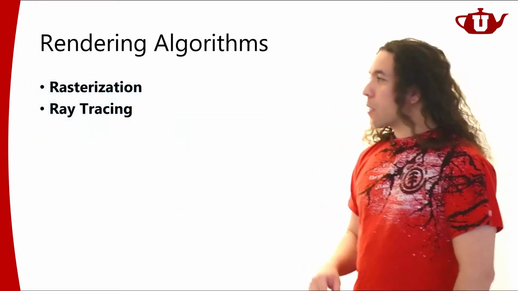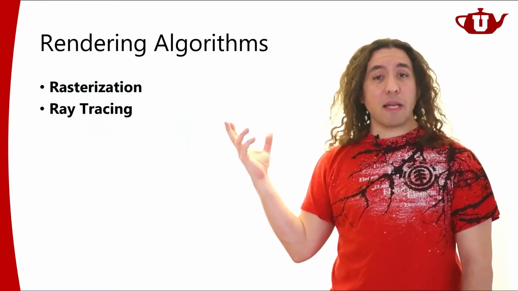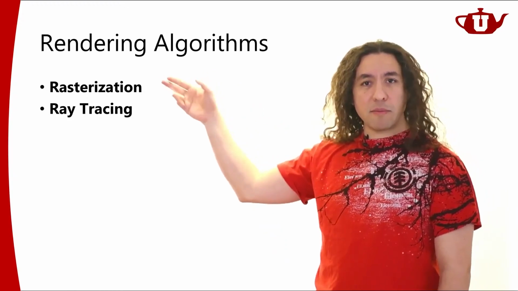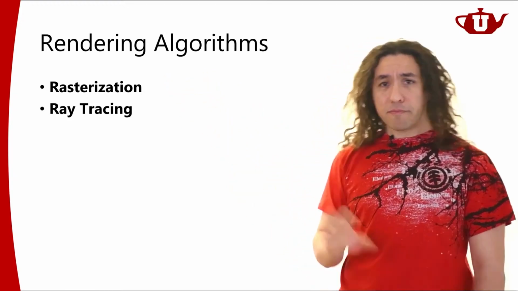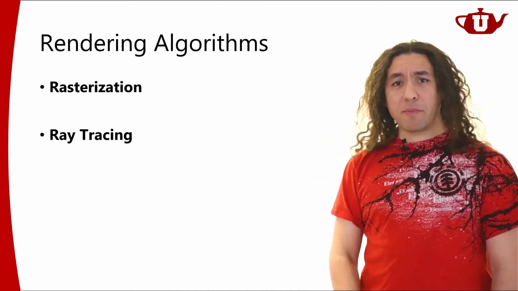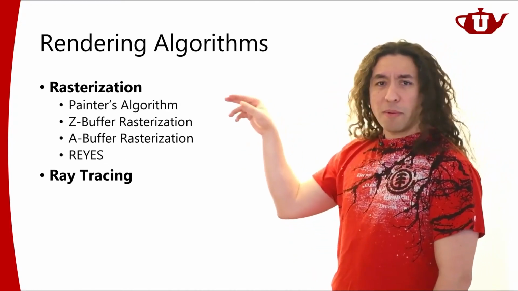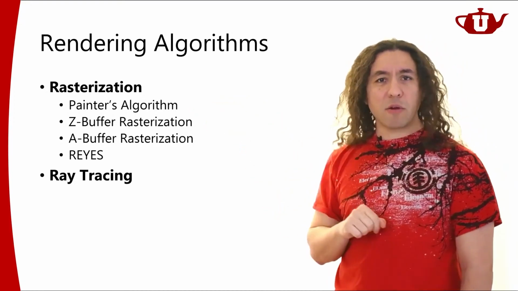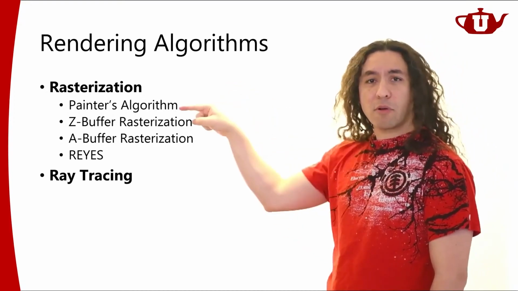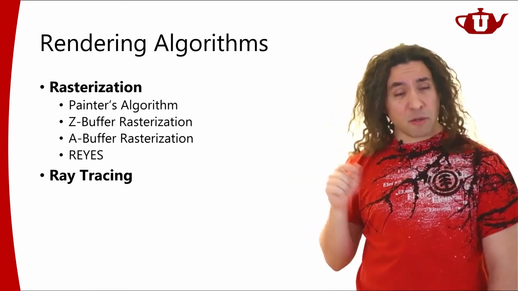Broadly speaking, when we look at rendering algorithms, we can classify them into two groups: rasterization-based algorithms and ray tracing-based algorithms. And we're going to talk about both of them. In rasterization-based algorithms, there are a number of them. Probably the simplest one is the Painter's algorithm, so we're going to start talking about the Painter's algorithm first.